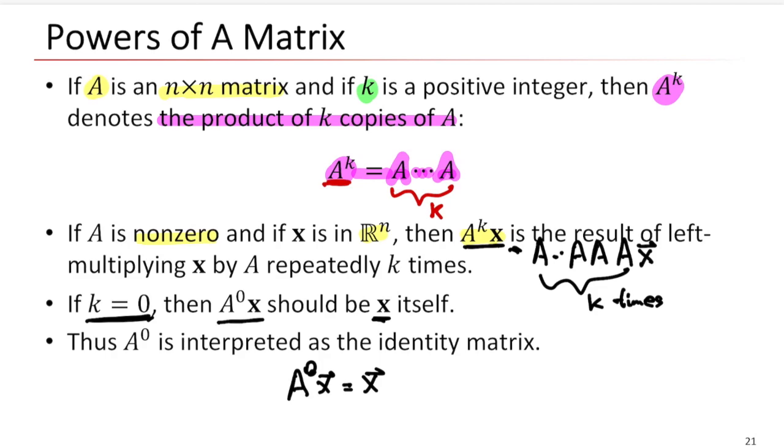So what does it mean? In this case, this is the identity matrix. So in case of the identity matrix, we can say that the identity matrix times vector x is vector x itself. Okay, so this is the property of the power of the matrix.